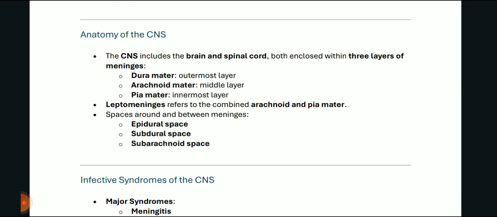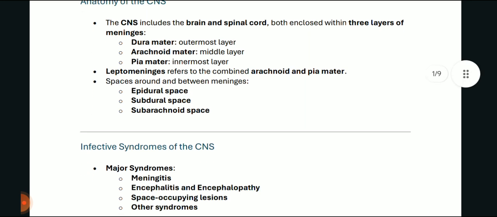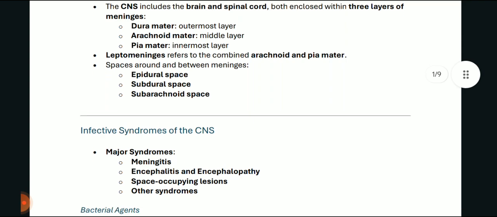Outside the dura is the epidural space, below the dura is the subdural space, and below the arachnoid is the subarachnoid space. Now this pia mater is very closely attached to the brain parenchyma, so there is no potential space between the brain and the pia mater.